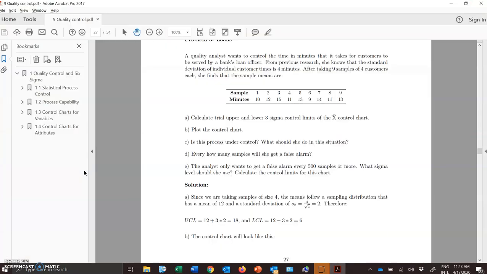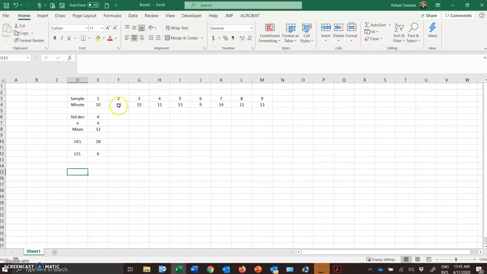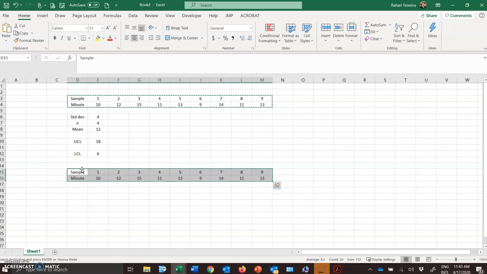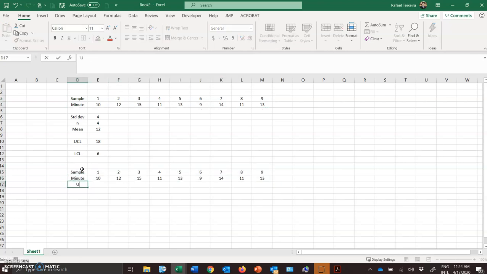Okay, now plot the control chart. To plot the control chart, what I suggest is you can copy this, or you can do it there, it doesn't matter, and then you type here UCL and LCL, and then you type 18 and 6, because those are the upper and lower control limits.